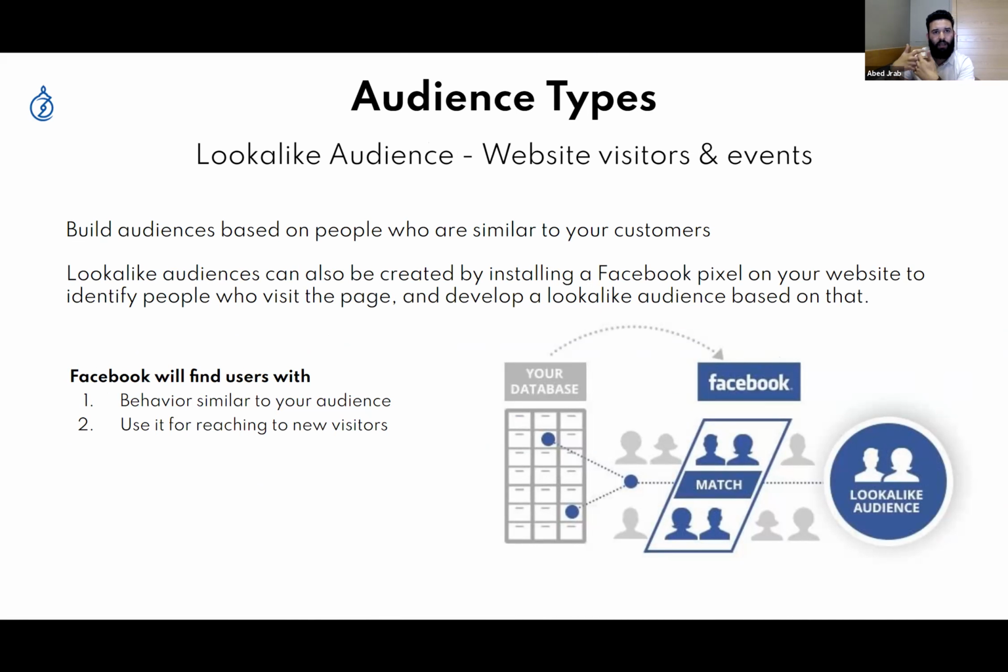But over here, if you think about it, we don't want to target people who look like our fans on Facebook, because in that case, we're not using the pixel anymore. What we can benefit from is that using the pixel, I can create a lookalike audience, an audience that looks like my website visitors. And this is the power of creating a lookalike audience using the pixel.